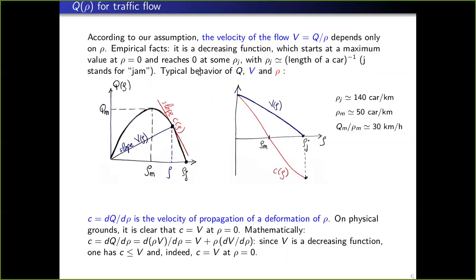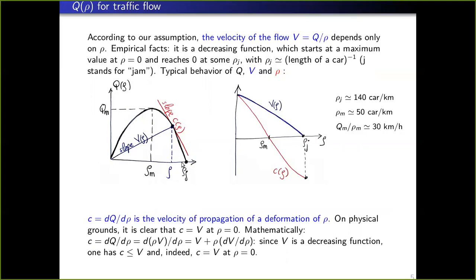So how do Q, V, and rho typically behave? Let me plot Q, for instance, here, the black curve. Q is the flux, right? It should be 0 when there is no car, at rho equals 0, and it should be 0 when the velocity is 0, at rho j. These two points, it's positive and it behaves roughly like this black curve.